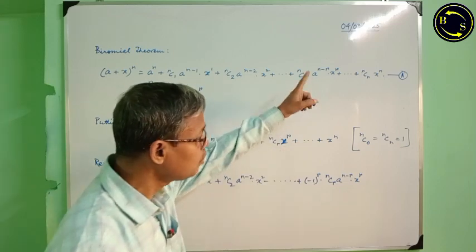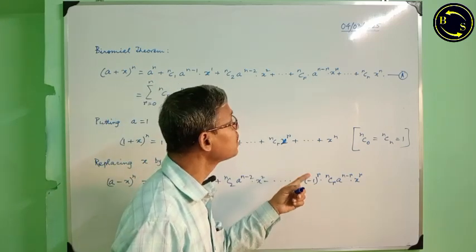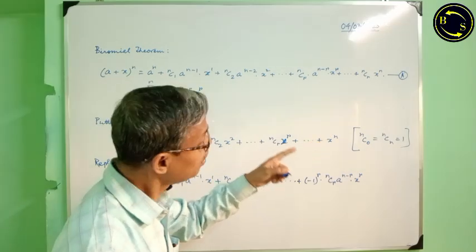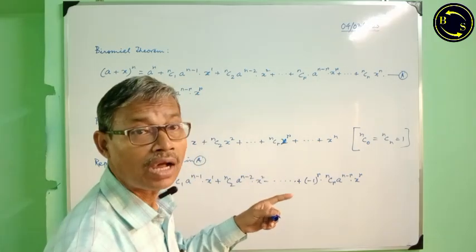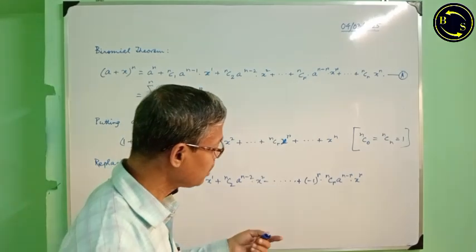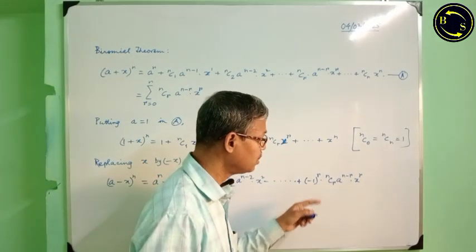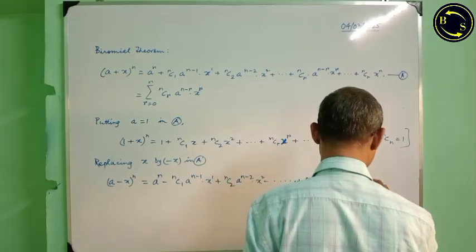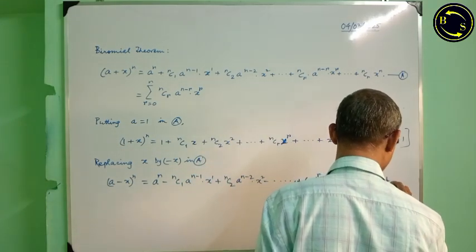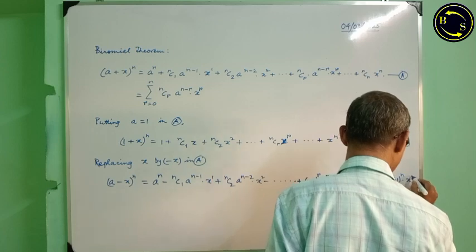In place of x to the power r, we have to put (minus x) whole to the power r. (Minus x) whole to the power r means (minus 1) into x whole to the power r. We have taken out (minus 1) whole to the power r, plus ... (minus 1) whole to the power n into x to the power n.